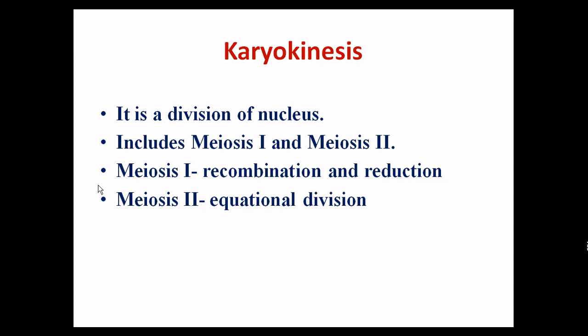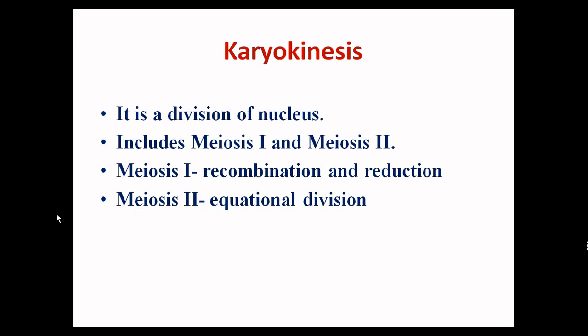For example, if a cell has chromosome number 16, after meiosis 1 the chromosome number reduces to 8 in each cell. Then meiosis 2 is an equational division, similar to mitosis, and at the end of meiosis 2 there is a formation of 4 haploid cells.